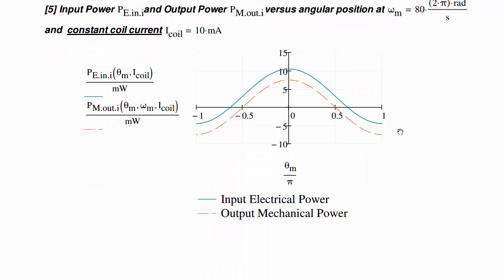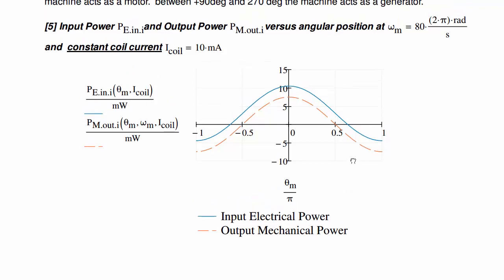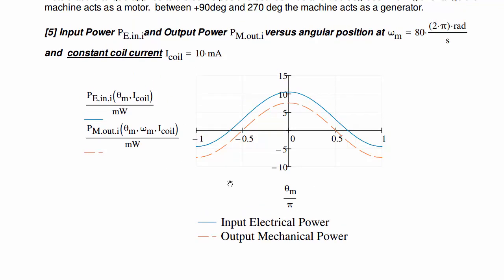Okay, now we're looking at input power and output power, so electrical input power and mechanical output power versus the angular position at a constant coil current. Again, this is our starting point, but we're not actually going to run the motor this way. We see that the electrical power in is greater, of course, than the mechanical power out, and the difference between these two is what is lost in the system.